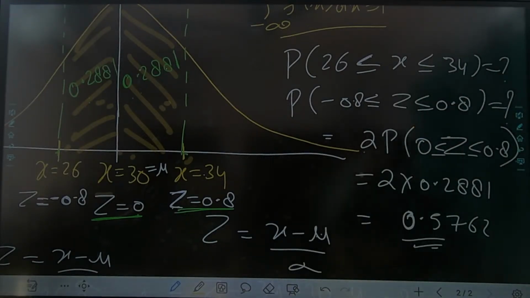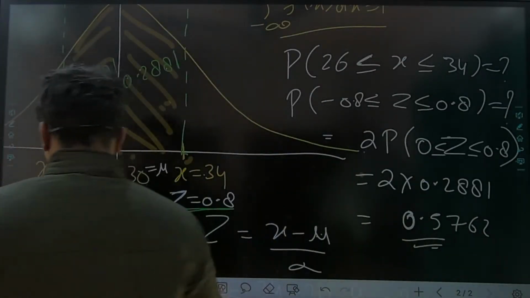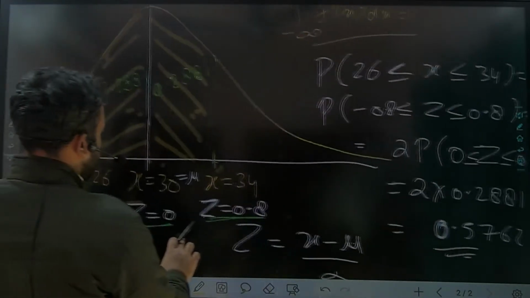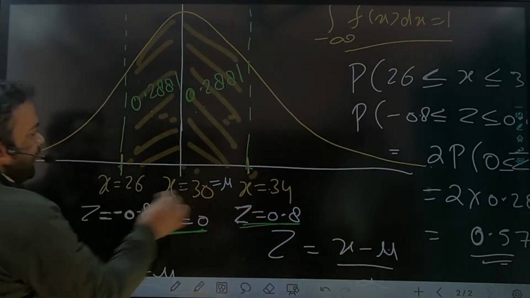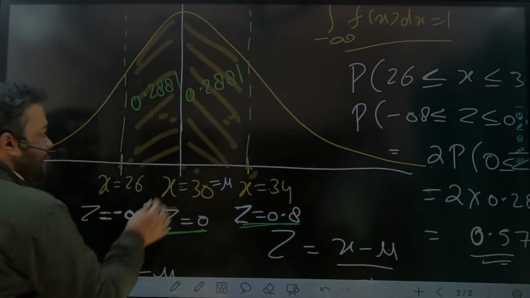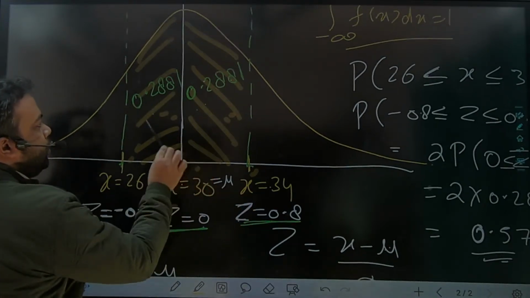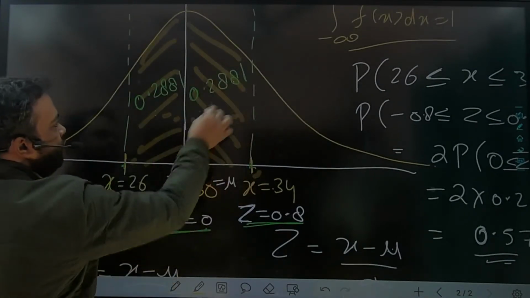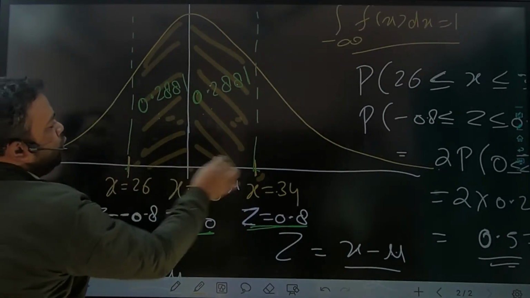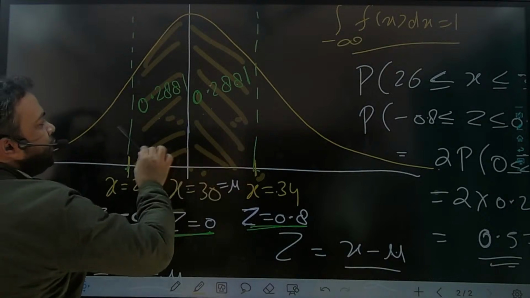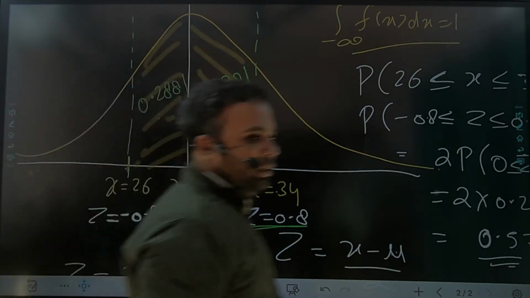The whole thing plays with the understanding that equal area is shared. If you go an equal distance ahead of and behind the mean value, you will share equal area. If you know the area information on one side, you know the other side's area information also. It means you know the total information of the area, and information of the area is as good as knowing the probability from this to this.